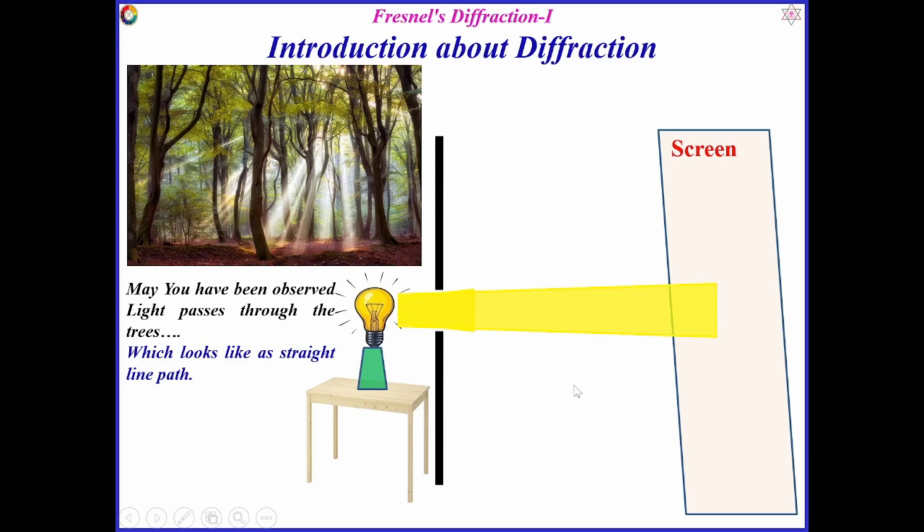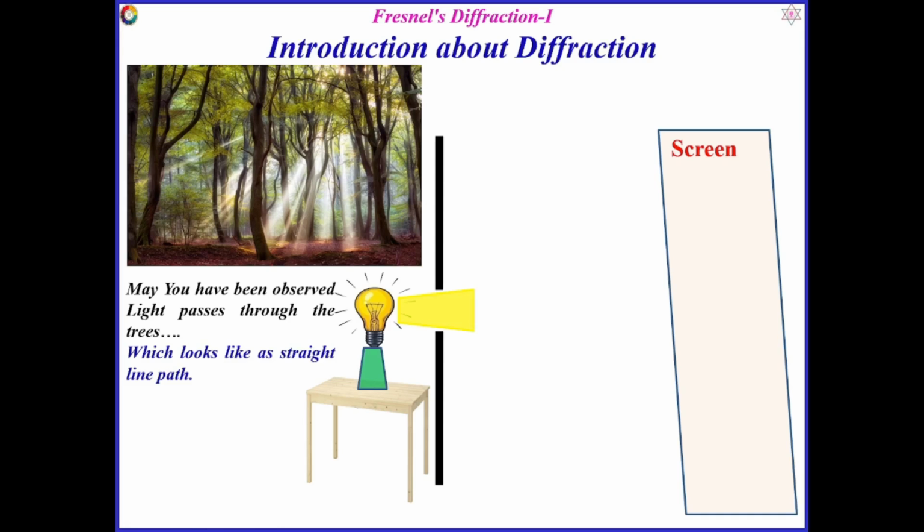That means if we put an opaque object along this path, then the full light will be obstructed, which is the so-called rectilinear propagation of light.